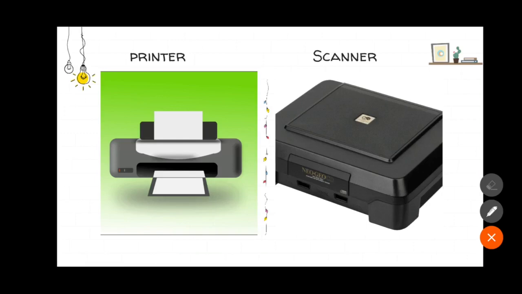It converts soft copy into hard copy. Scanner. Scanner is used to scan pictures, photos, images from a hard copy and send the information into the computer. It converts hard copy into soft copy. It is an input device.